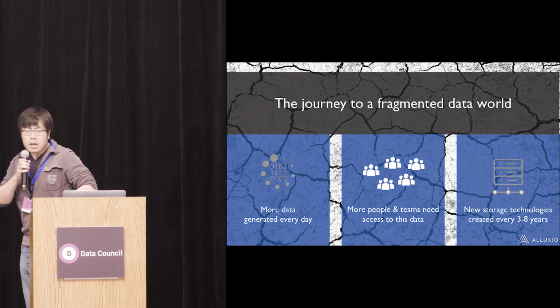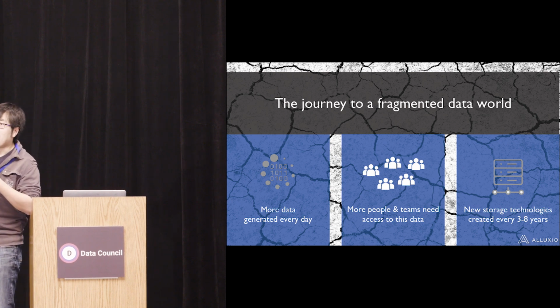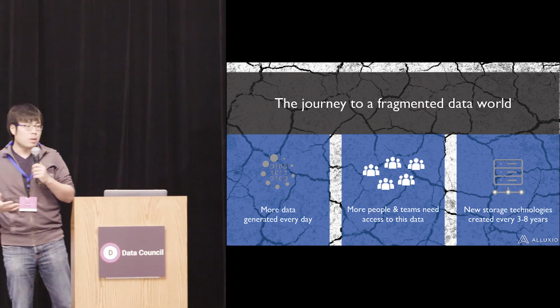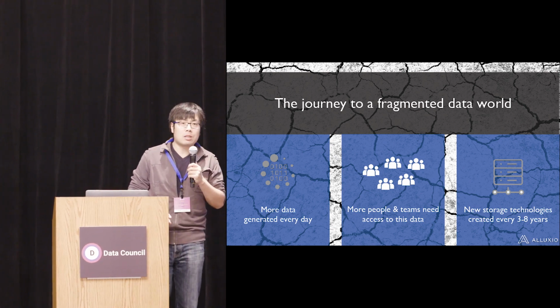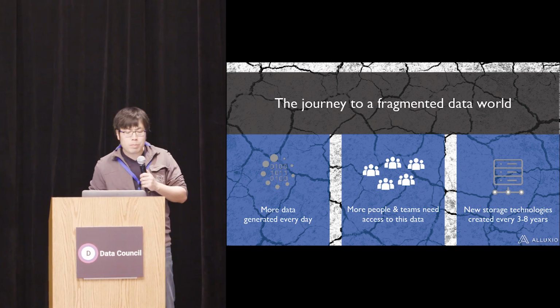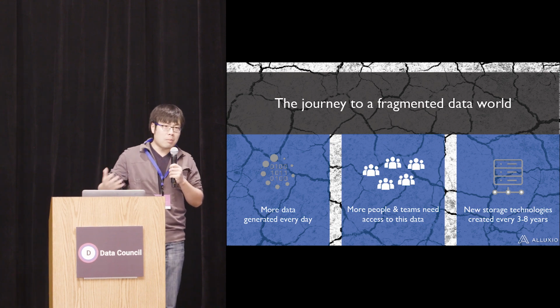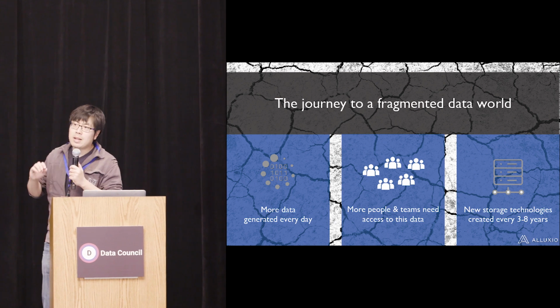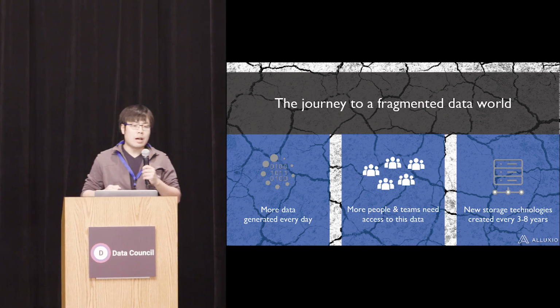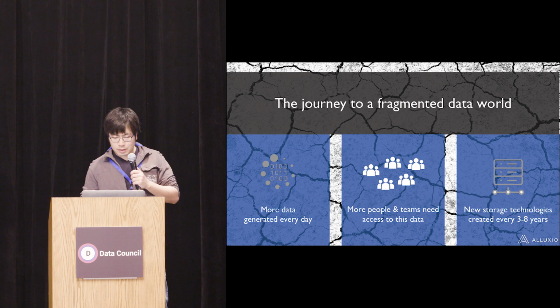The first problem is, with all this data, how can we consume it in an efficient way to derive insights and value from the data? There will be more people who need more insight, different values from data, and also different data products to be derived from the data.